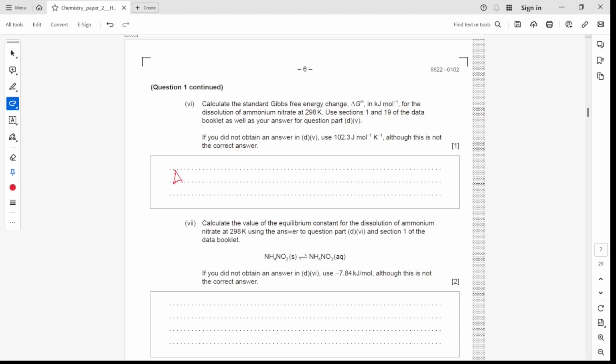So the formula for Gibbs free energy is delta H minus T delta S, right?